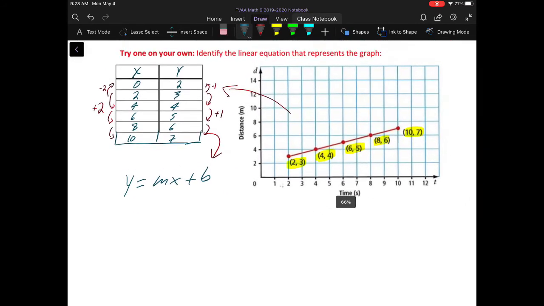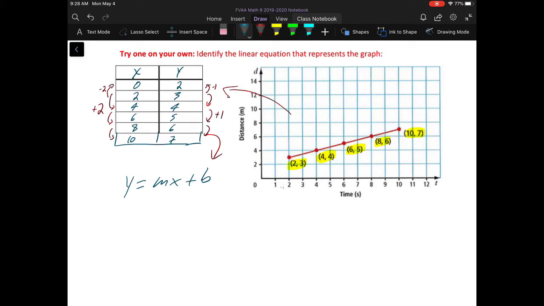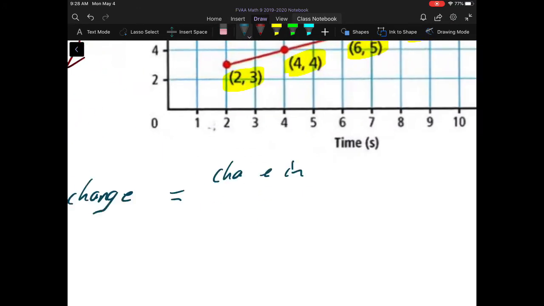All right, and let's see if we can come up with our rate of change. Again, we're looking for m and b from the data that we've put into our table. Now m, my rate of change, is equal to the change in y values over change in x values.